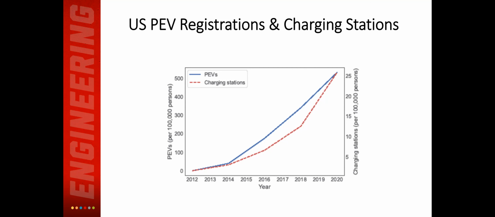We're using historical data from 2012 to 2020, looking at plug-in electric vehicles, so both battery electric and plug-in hybrid vehicles, and charging stations. These are public charging stations available from the Alternative Fuels Data Center. What you can see here is a clear relationship that as charging stations go up, PEVs are going up. What we're interested in is which of these is causing the other, and what's the strength of that relationship.